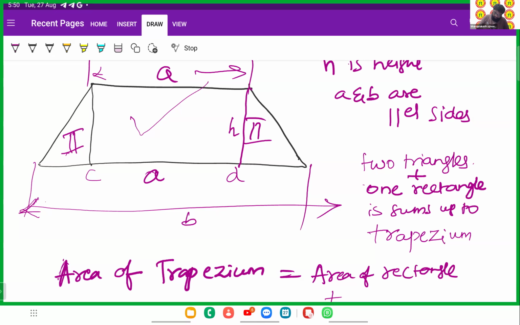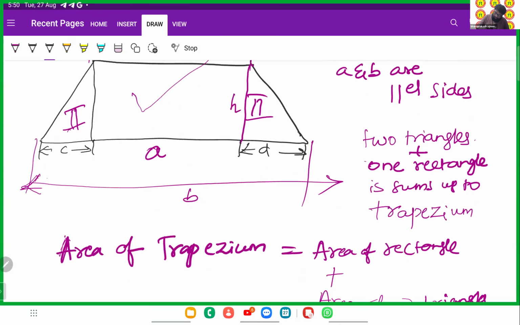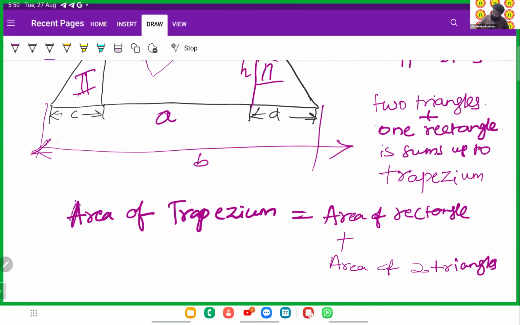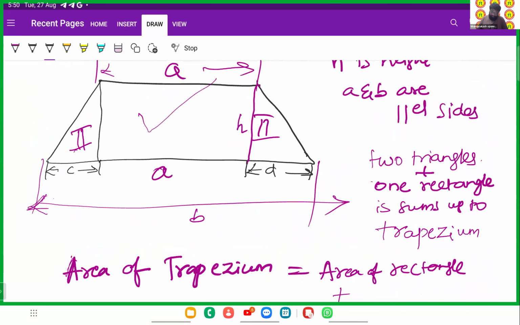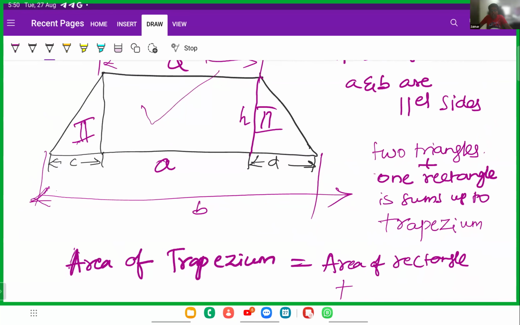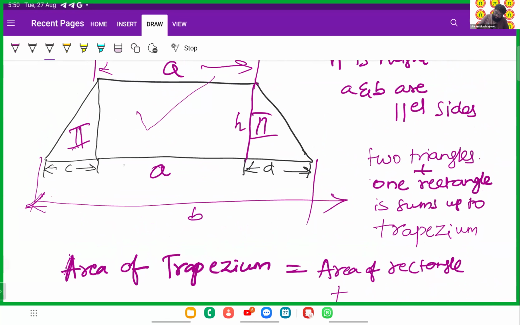And one more thing: here to here it is C, and here to here it is D. Now, let me calculate the area of the rectangle. What is the area of the rectangle here? Length into breadth, sir. What is the length here? The length is A, and the breadth here you can see is H.